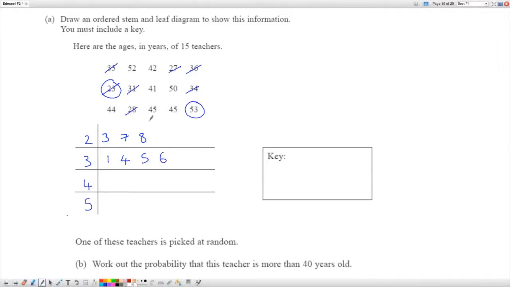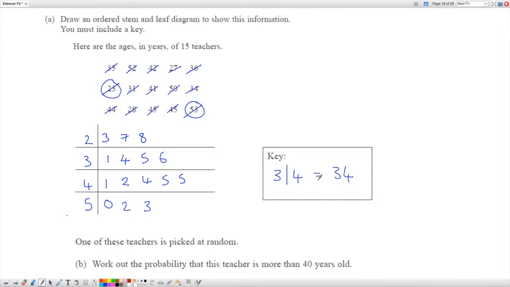Moving on to the 40s, we have 41, 42, 44, 45, and another 45, repeat the 5, and then 50, 0, 52, and lastly 53. Here we're prompted with a key box, picking any 2 values, 3 | 4 is equal to 34.